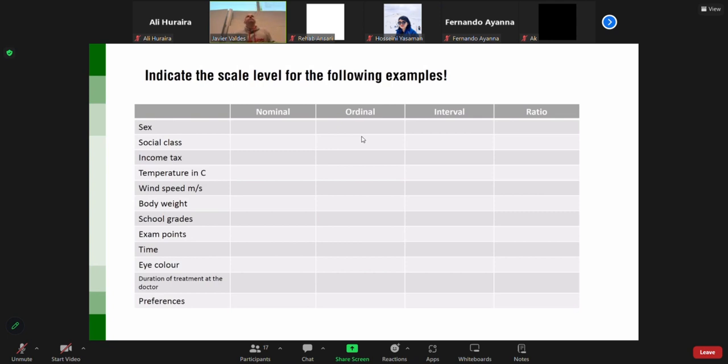Eye color. Exactly, same as sex. Duration of treatment at the doctor. Okay, who has said interval? Explain it to me. There is a period of time.